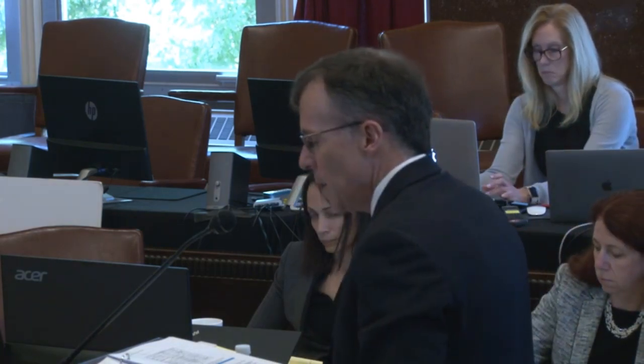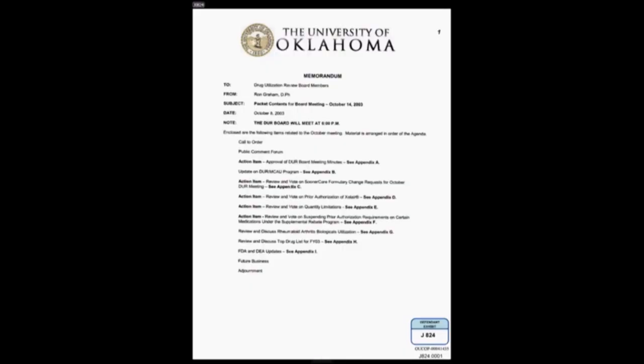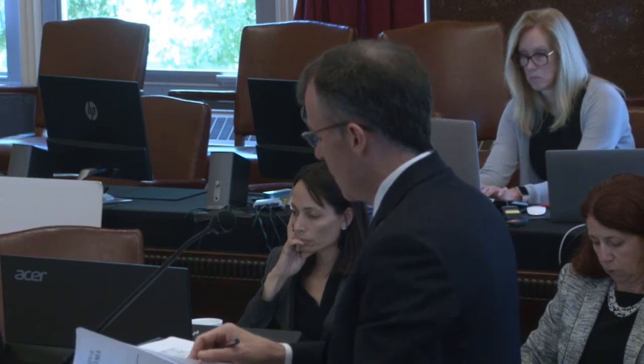Ms. White, among the packet contents is an action item, review and vote on quantity limitations, see Appendix E, correct? I see that. And I want to turn to a portion of Appendix E on page 47, which addresses controlled substances, correct? Let me look, hold on just a second, I haven't seen this before.